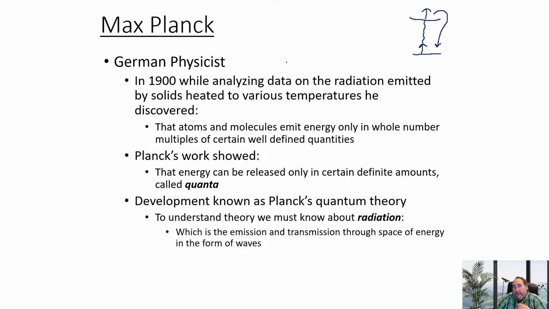One of the things that came out of Planck's work was the idea of energy being transferred in what is sometimes referred to as a quantum of energy. The idea of a quantum of energy is that energy will be given off or absorbed in only definite amounts.